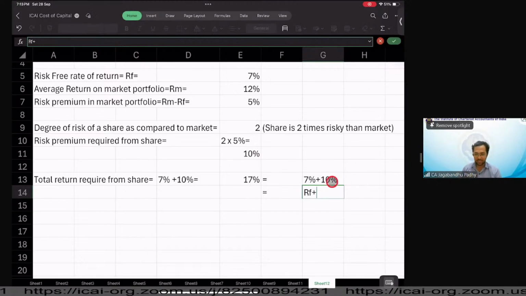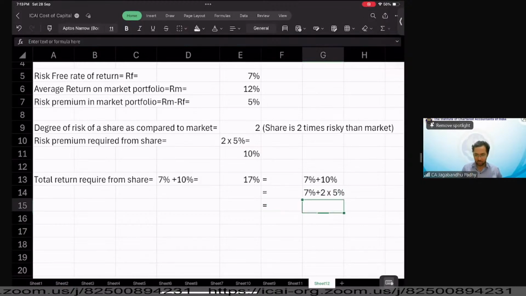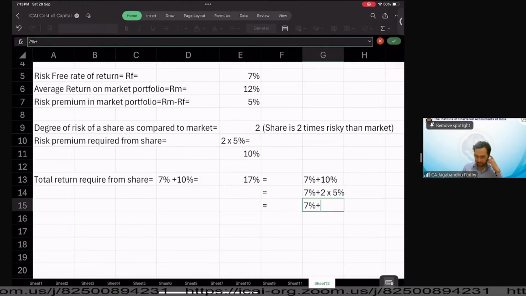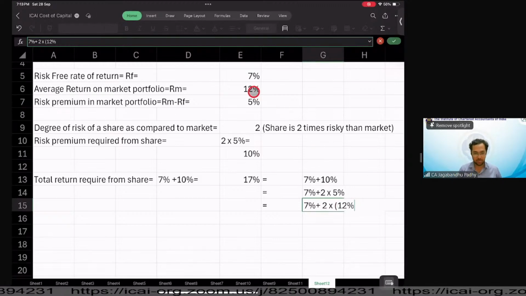Plus, this 10% was 7% plus 2 multiplied by 5%. Now I can say it is 7% plus 2 multiplied by this 5%, which is the return of the market minus 7%.